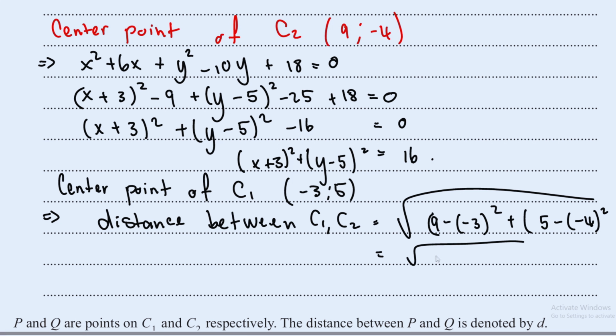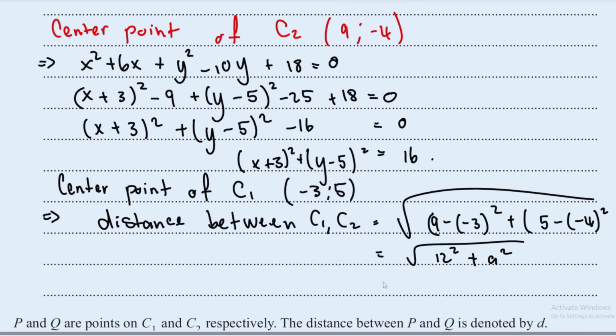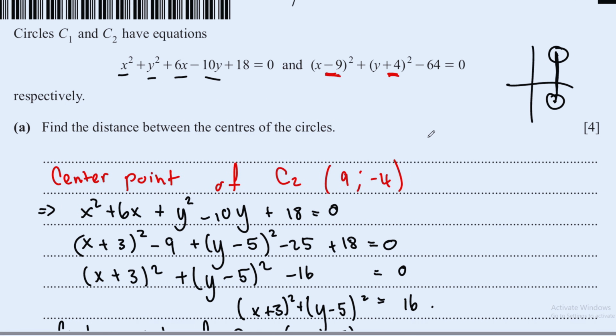That's going to be 12 squared plus 9 squared. 12 squared plus 9 squared, that's 15. So the distance between these two circles is 15.